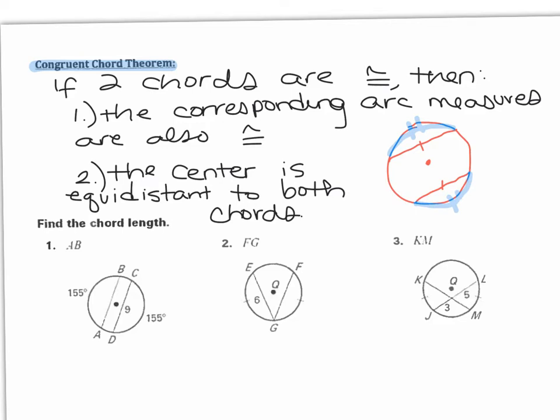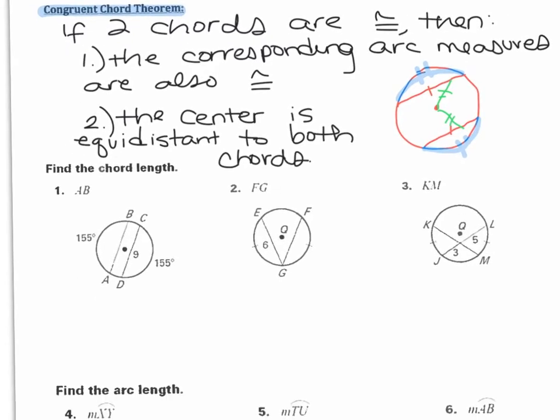Equidistance just means it's the equal distance. So if I look at this picture, here's my center. The distance between my center and this first chord is the same distance as the distance between this center and this chord. So if I draw it, all it's saying is this distance and this distance are the same.